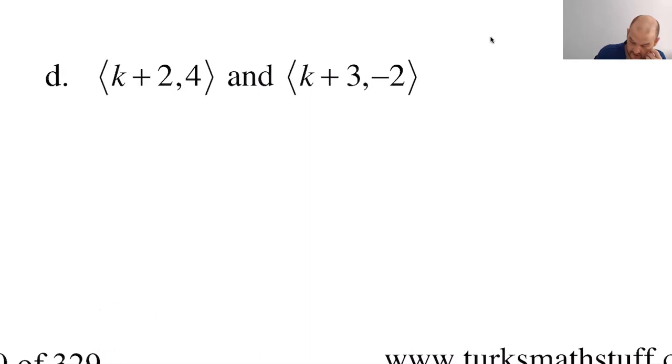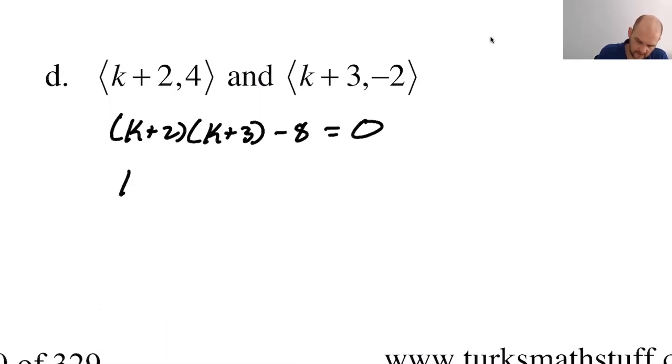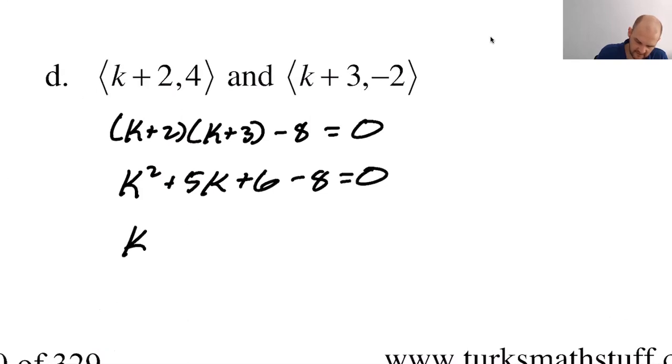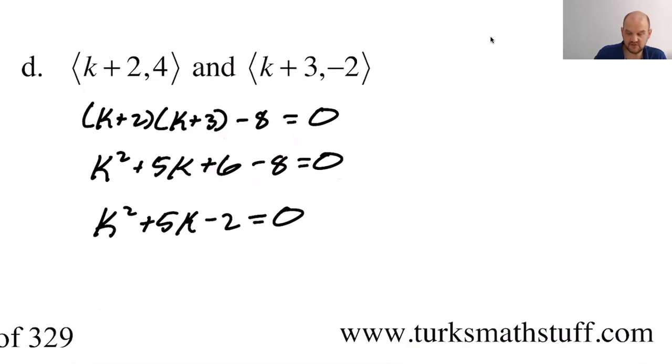All right. So dot product. So k plus 2, k plus 3, plus 4 times -2, so -8, is 0. k squared plus 5k plus 6 minus 8 equals 0. This feels like it's not going to factor, which is okay because it doesn't need to be factorable. It just needs to have solutions.